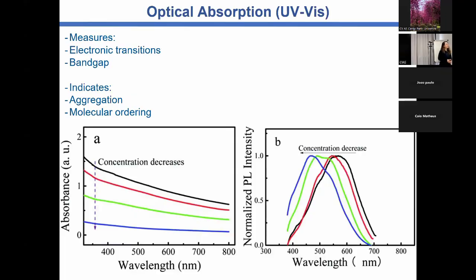In terms of techniques, I start the discussion with the optical absorption, that is one of the most popular techniques in the laboratories. So optical absorption or UV-Vis, they can measure the electronic transitions.